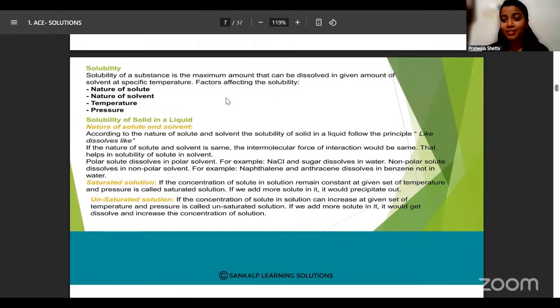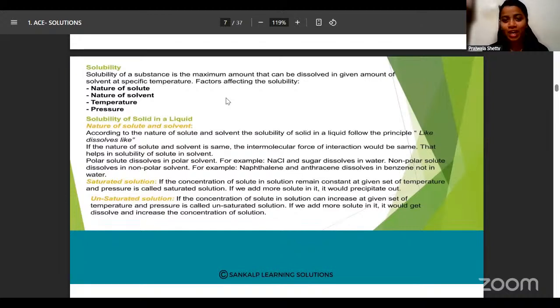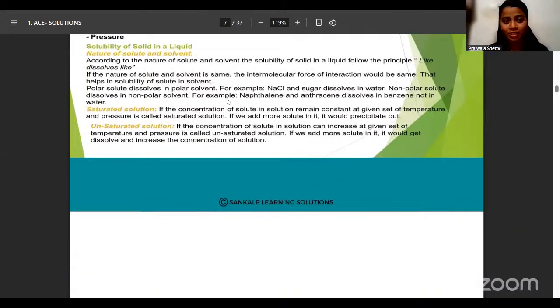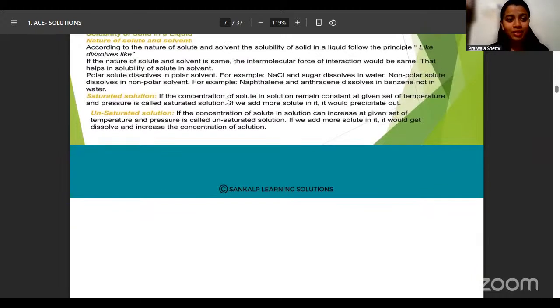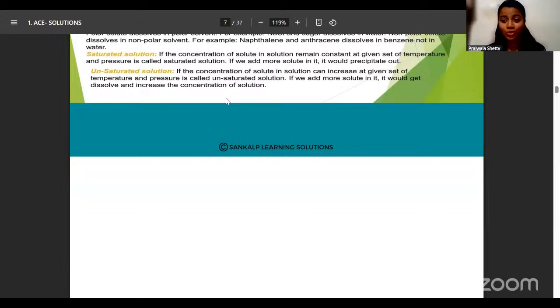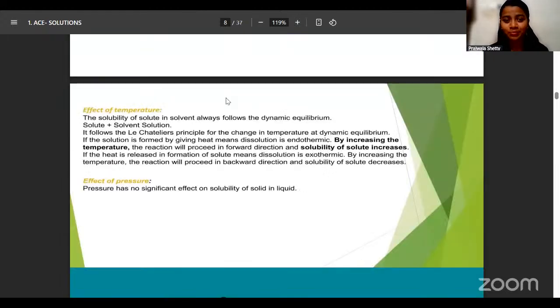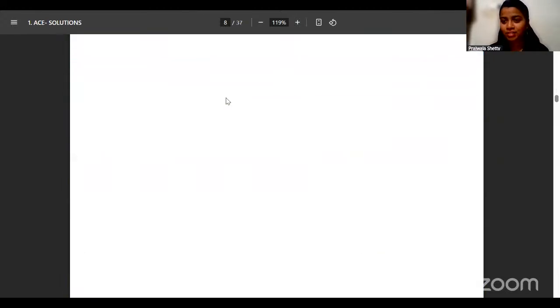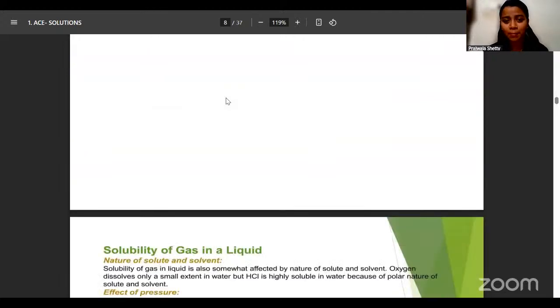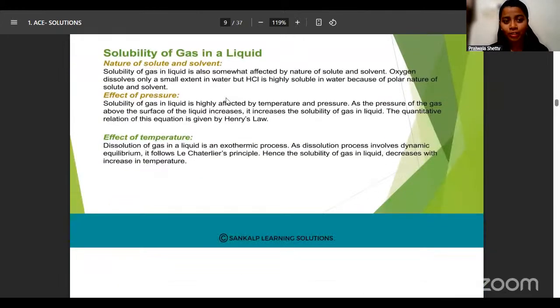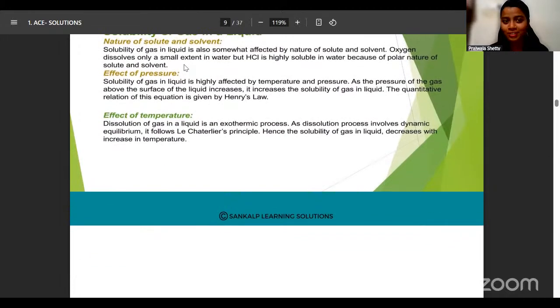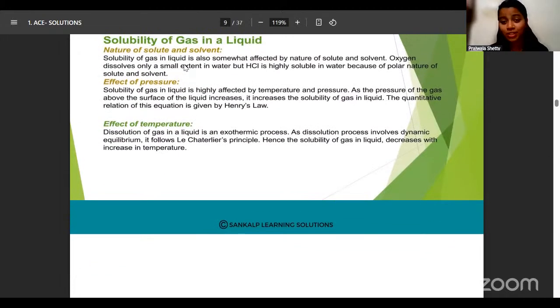And we moved on to solubility and the factors affecting solubility. Then solubility of solid in a liquid. Also, you studied what are saturated and unsaturated solutions and the effects of temperature and pressure on it. Then solubility of gas in a liquid, again, the effect of pressure and temperature on it.